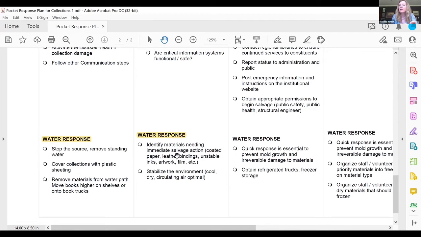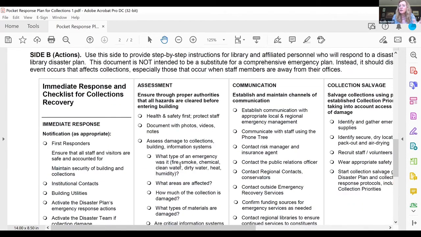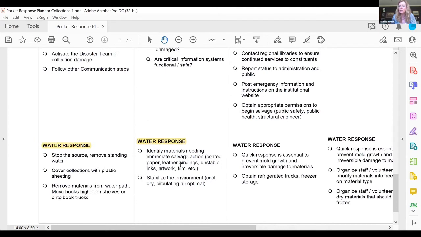And then under your assessment, if you've had a water response, identify materials needing immediate salvage action. So what do you need to do immediately? It's which ones do we need to do something to, and what do we need to do to stabilize the environment immediately? Do we need to open windows? What do we need to do?